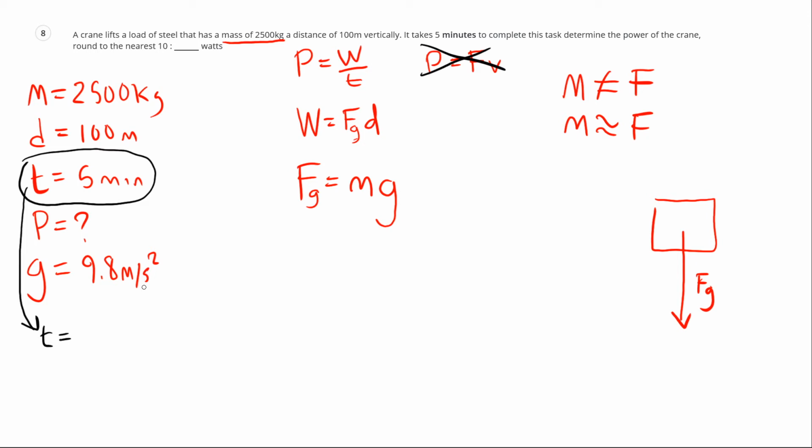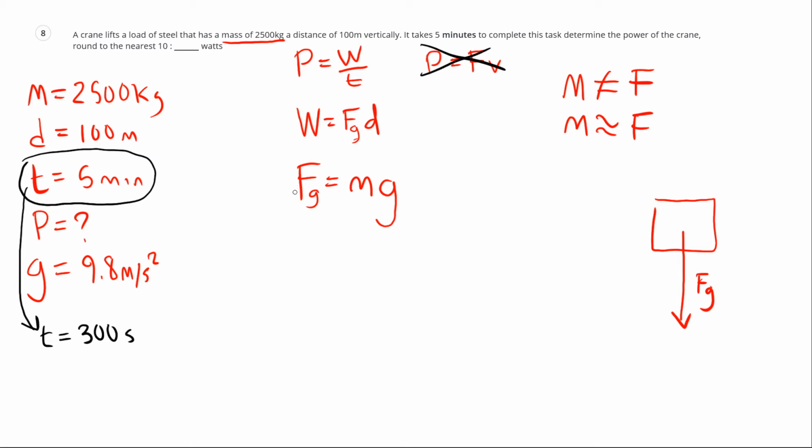For meters per second, it says meters per minute, so I need to convert that. We should all know the conversion between minutes and seconds is just a factor of 60. So 5 times 60 gives us 300 seconds. Now we have all of our variables set up in a fashion that will help us do what we need to do.